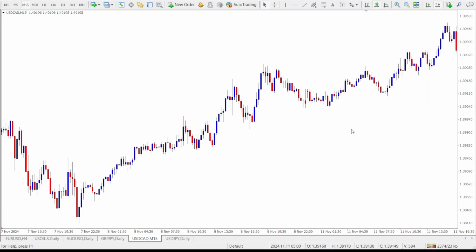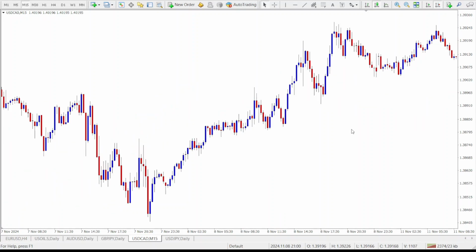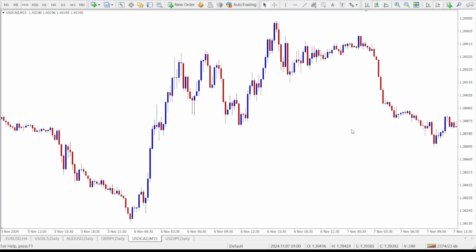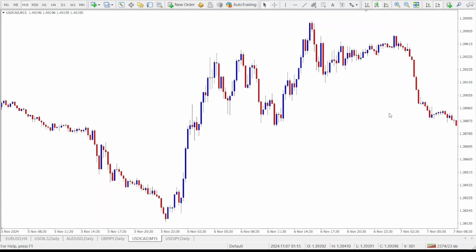A flag pattern is a short-term consolidation that follows a strong price movement. It looks like a small rectangle or parallelogram that slopes against the prevailing trend, and it often forms after a sharp price move.